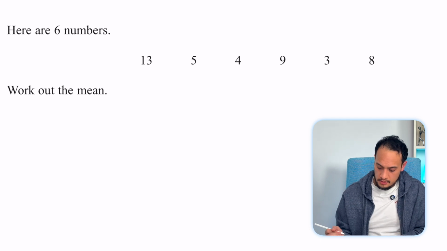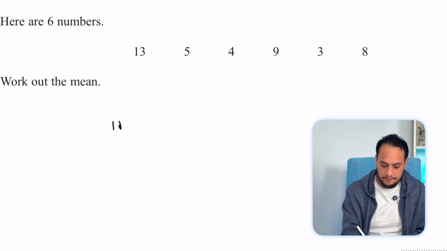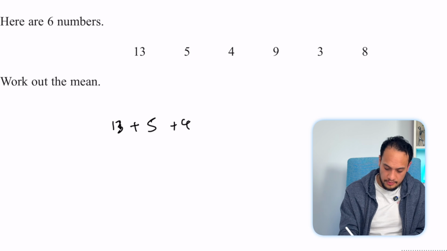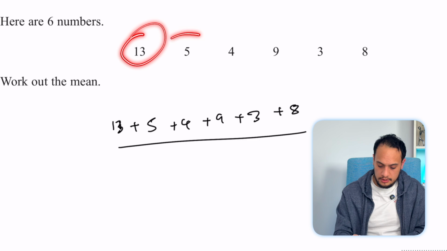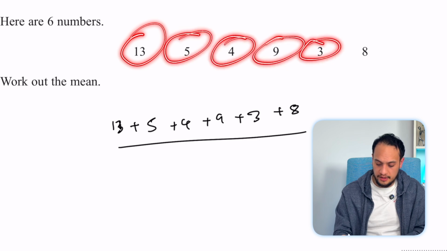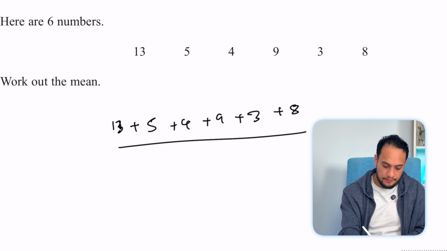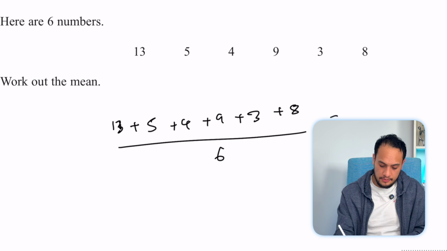So I do think it's good to show it. So I'm just going to write a line. 13 plus 5 plus 4 plus 9 plus 3 plus 8, over the number of values, which is 6. So 1, 2, 3, 4, 5, and 6. So I'm going to divide it by 6.